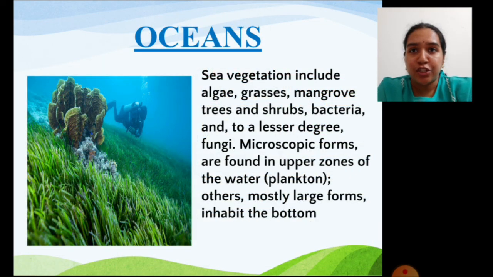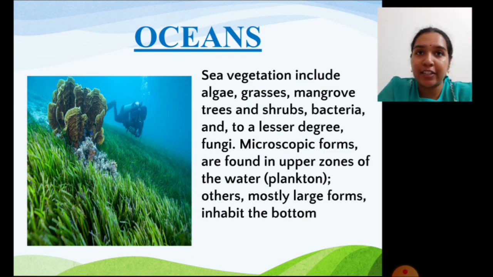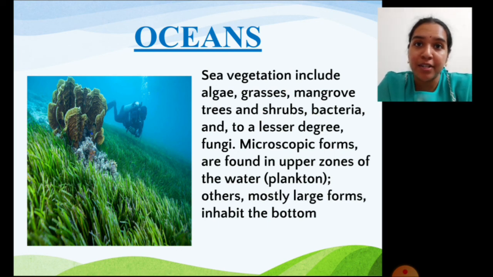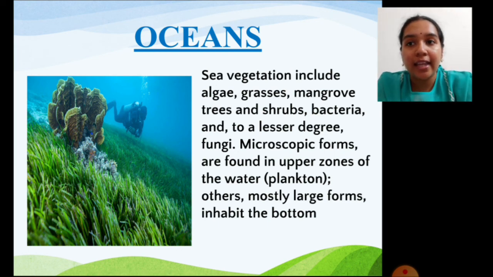The sea vegetation seen are all hydrophytes. That means they grow inside the water. They are completely submerged inside the water and they are adapted to the conditions where they grow. They can survive even if proper sunlight doesn't reach them, or they depend only on the dissolved oxygen and carbon dioxide.